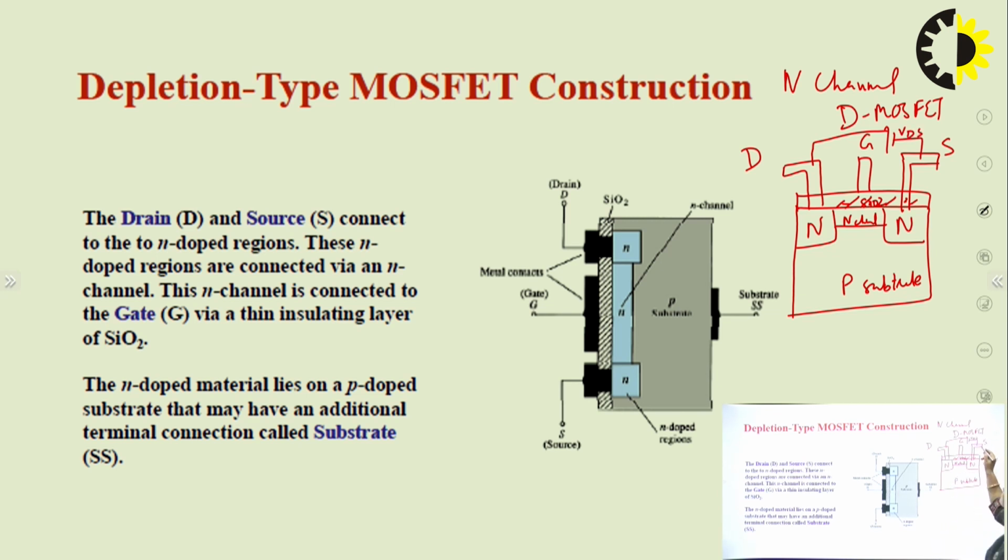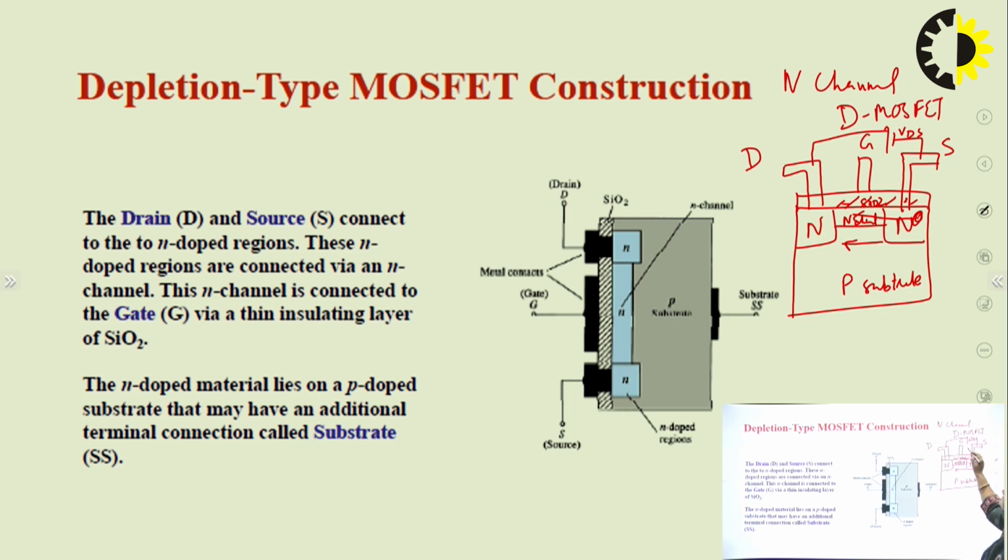Since this is an N channel, the source will be connected with the negative supply, because from this side charge carriers will be emitted and they will move in this way. This is an N channel, so electrons will be in majority, and electrons will flow from this part to this part. So the source will be connected with the negative supply, so that due to the repulsion of this negative force, electrons will be forced to move towards the drain side. Drain will be connected with the positive supply.